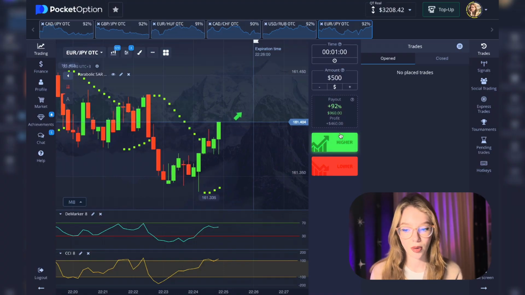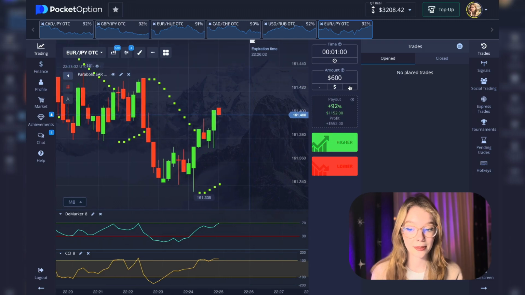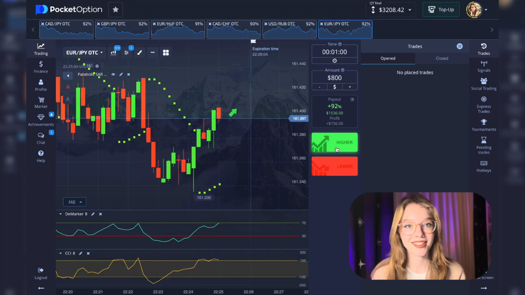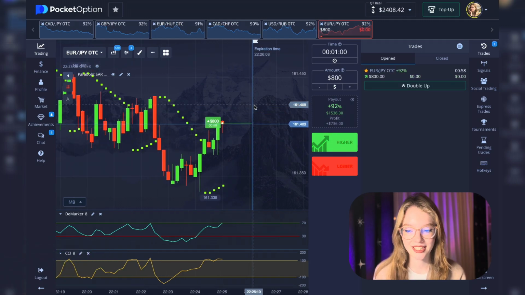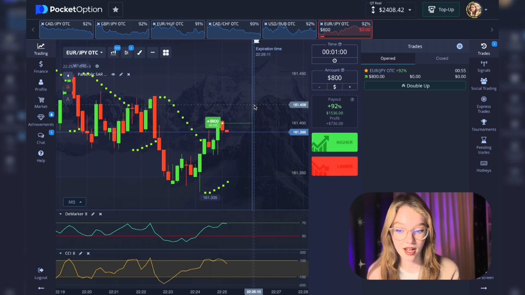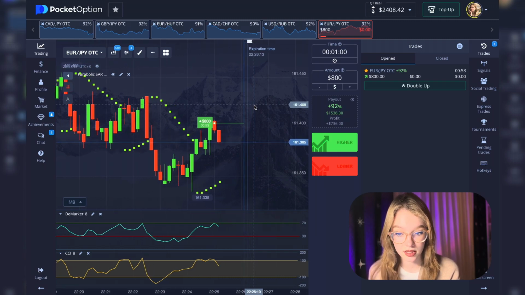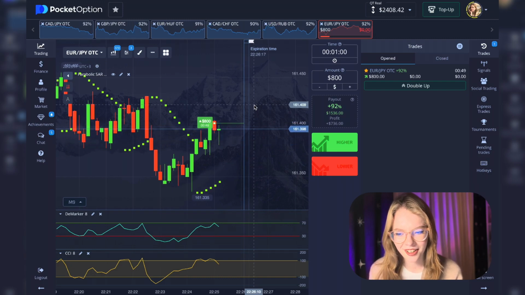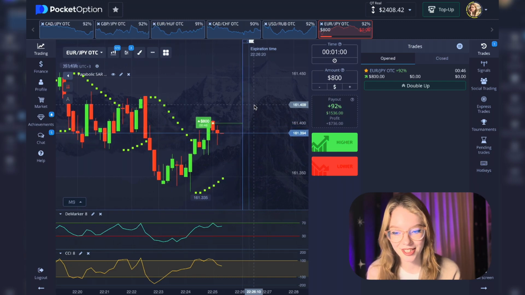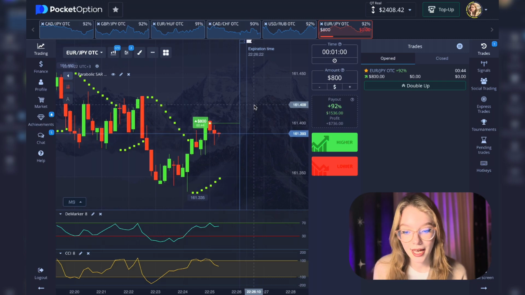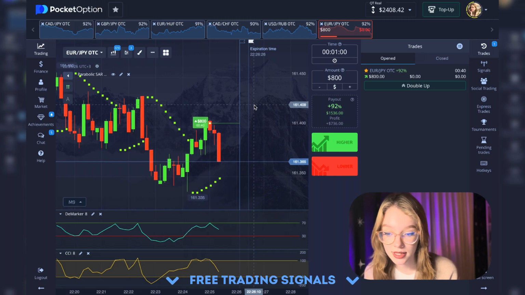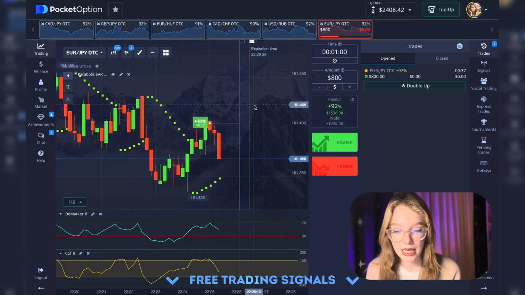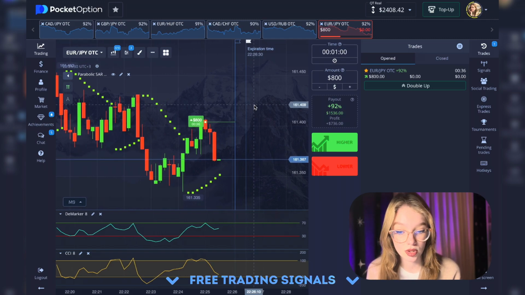And here's our next victim. Here I'm going to open an $800 trade. As soon as I open the trade, the chart starts to go down, but I'm not too nervous anymore, as I know I can still make money thanks to this strategy. CCI measures the deviation of an instrument's price from its average price for a certain period of time.